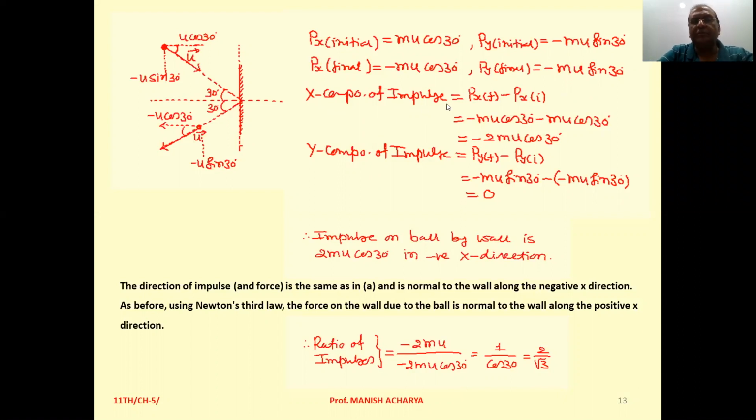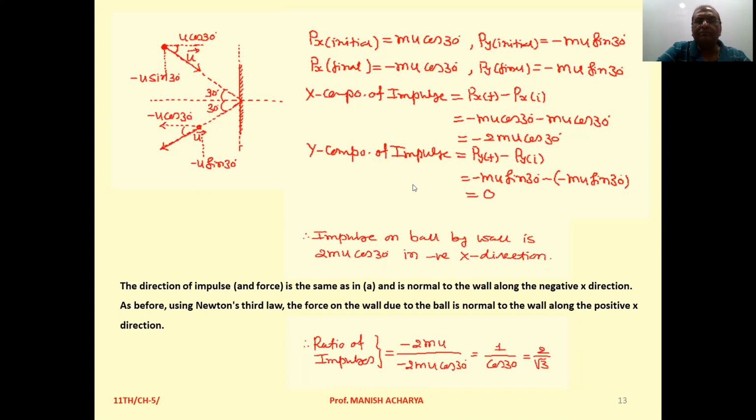So for the x component of impulse, take the difference of the x component of final momentum and the x component of initial momentum, p xf minus p xi. That is minus mu cos 30 minus mu cos 30, which equals minus 2mu cos 30.